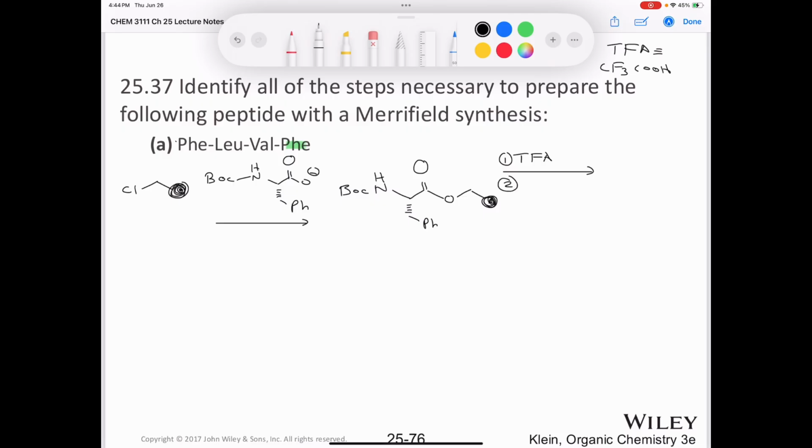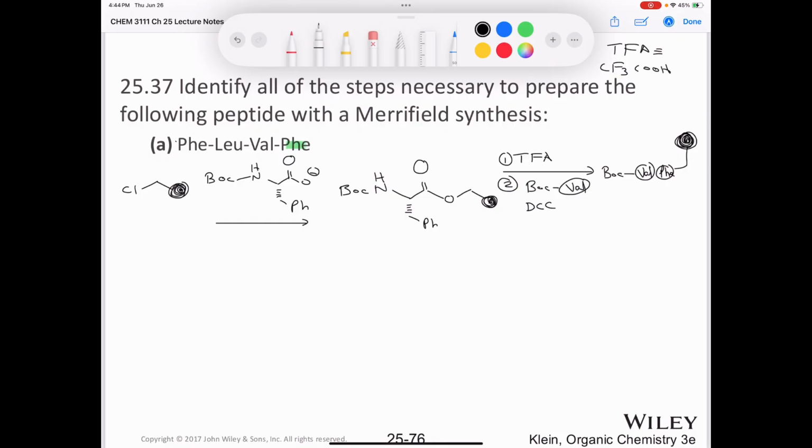So I'm just going to write here Boc valine like this. And then we'll put our DCC reagent. And so now if I can squeeze it in here, we're going to have our Boc group. And then we're going to have our valine. And then we're going to have our phenylalanine. And that's going to be tethered to the polymer, okay? Hopefully you can see what I'm doing here. Maybe you need to zoom in, maybe not.